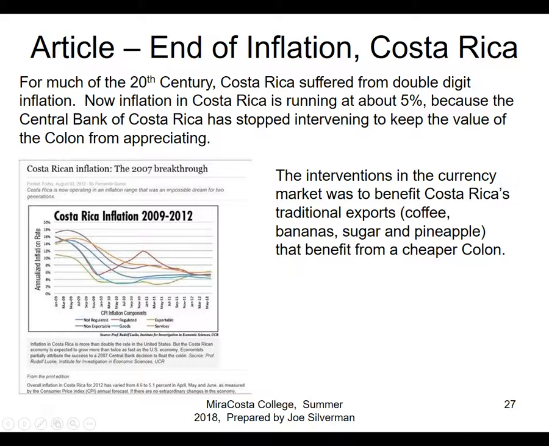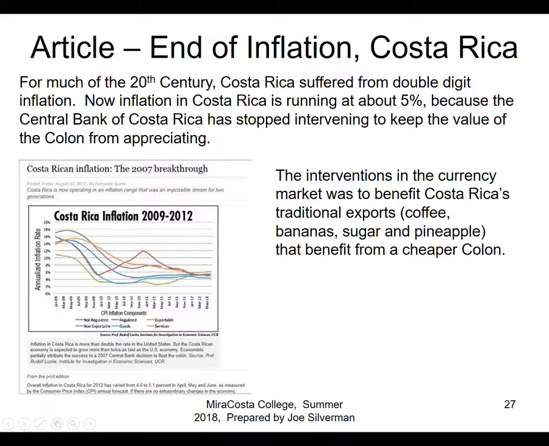And so, what was the reason? The reason had everything to do with the exchange rate policy in Costa Rica. So, what they were trying to do in Costa Rica was maintain competitiveness in what they call their traditional exports. So their traditional exports were things like coffee, banana, sugar, pineapple, things that they're competing against other countries to export.